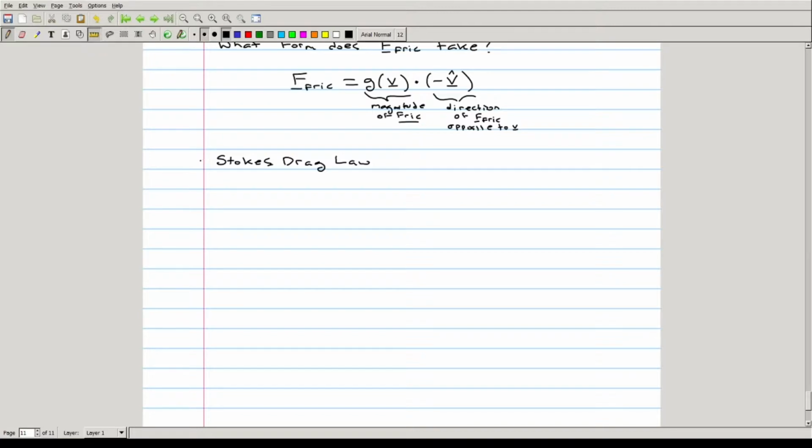The first thing that we see is that for very small objects in relatively nice flow, G is a linear function of the magnitude of the velocity vector.